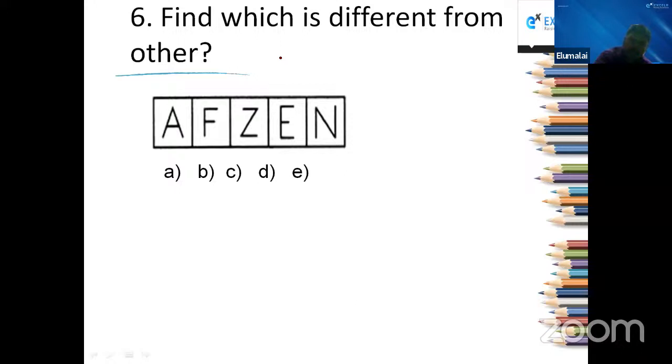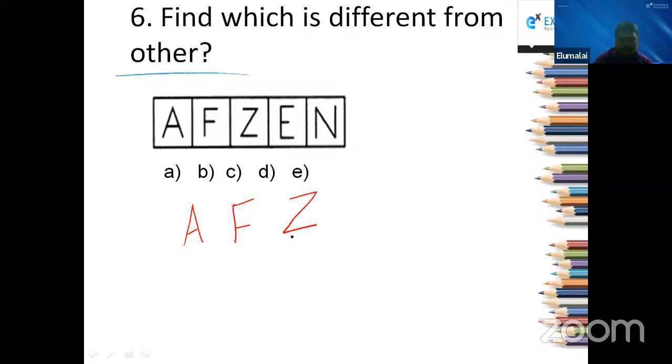No. Good. So many of you have found the correct logic, but a few of you are answering incorrectly. Right. See here, this A is formed by three straight lines. Am I correct or not? This F is formed by three straight lines.